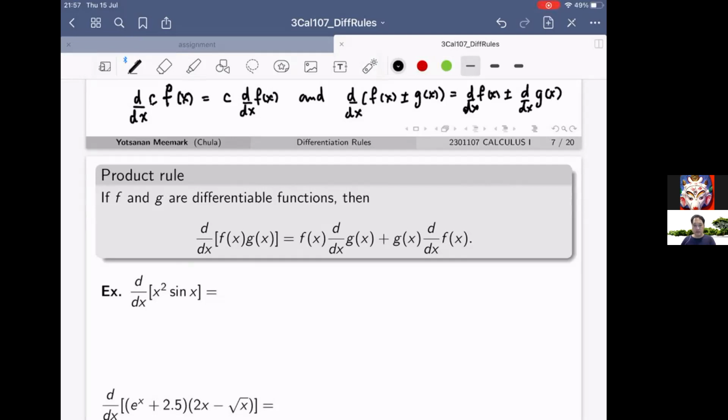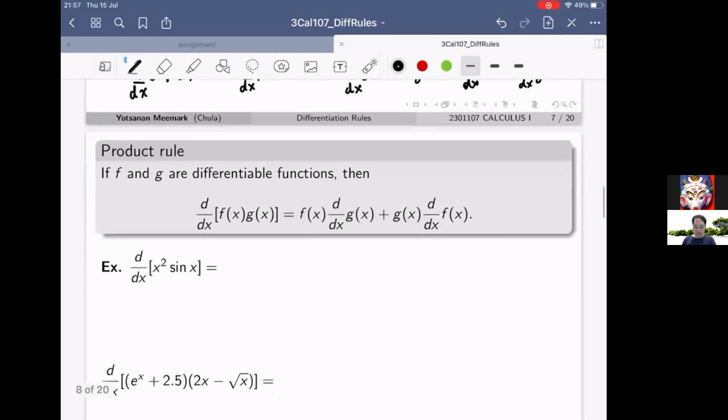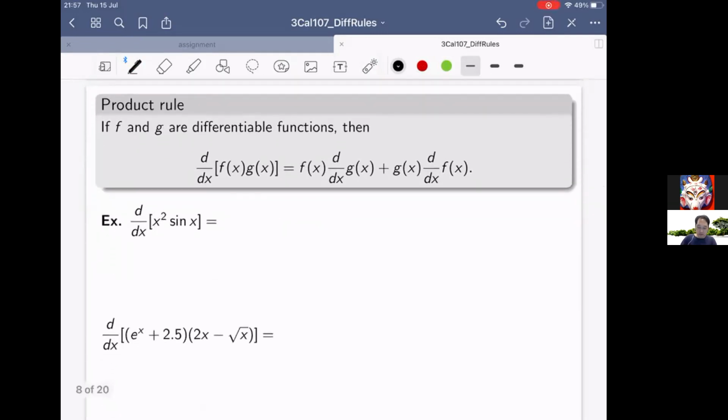So today we are going to see what to do if you have two functions multiplied. This is called the product rule, and product means multiplication. Here, if f and g are differentiable functions, then the derivative of f times g becomes f multiplied by the derivative of g, plus g multiplied by the derivative of f.